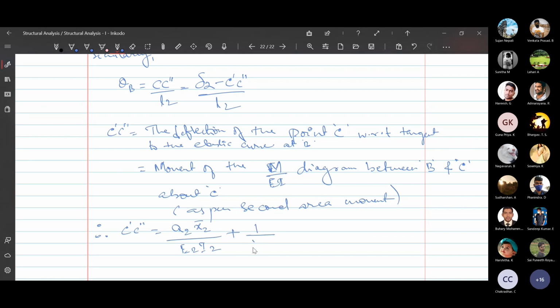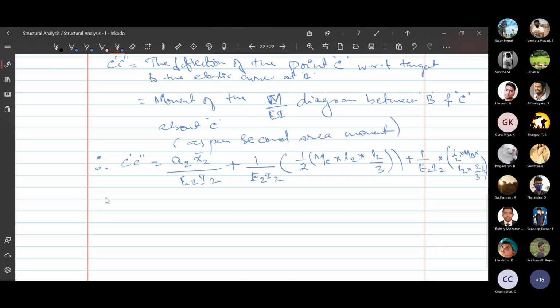Here we are considering the second span: 1 by E2 I2 into 1 by 2 into MC, the moment at C, into L2 into L2 by 3, plus 1 by E2 I2 into half of MB into L2 into 2 by 3 L2.